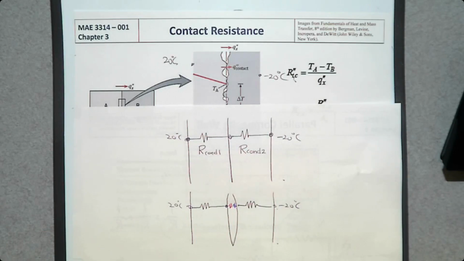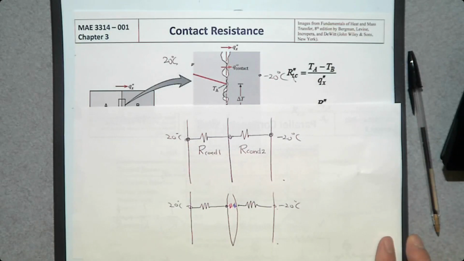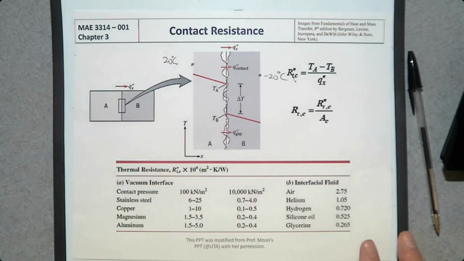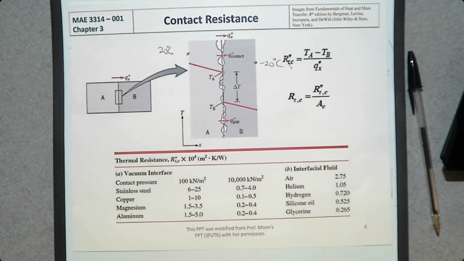So does it affect the heat transfer? Yes. Depending on the size of the gap, it can dramatically decrease the heat transfer or not. So we need to know how to deal with this contact resistance. Typically we use a table to account for the resistance due to imperfect contact between 2 solids.